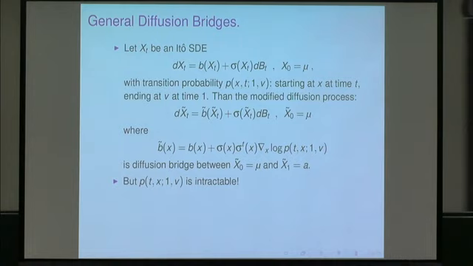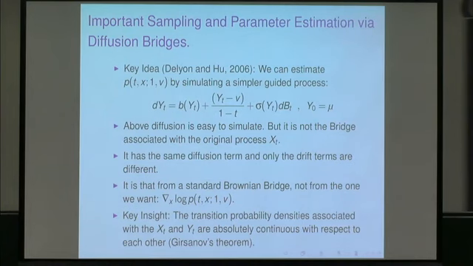And the great thing to notice, the important thing, is that the diffusion term is the same. The only thing that we need to modify is the deterministic drift. So this is a very important property, and this is the key idea that Delyon and Hu exploited.